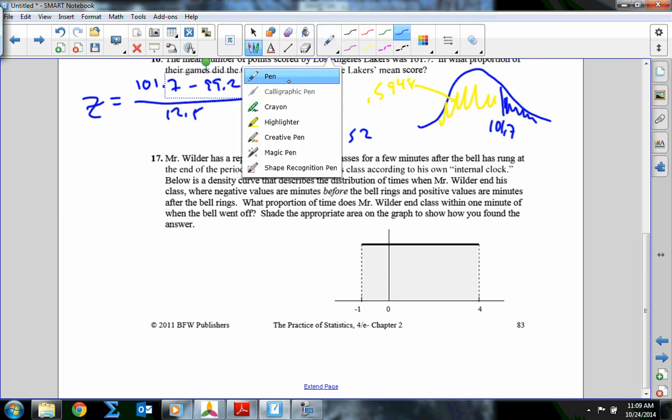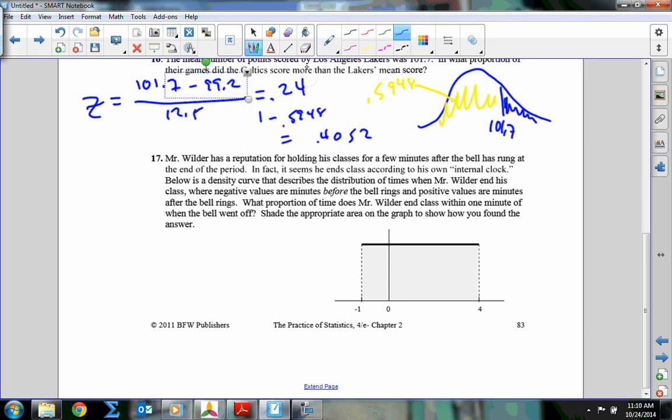So this one I told you was more kind of a logic problem, and it was. And I actually took two answers for this, depending on how you explained it. Now, one answer is that here's the bell. So I've got 1 minute after the bell and 1 minute before the bell. All the blue shaded region represents area within 1 minute of the bell.